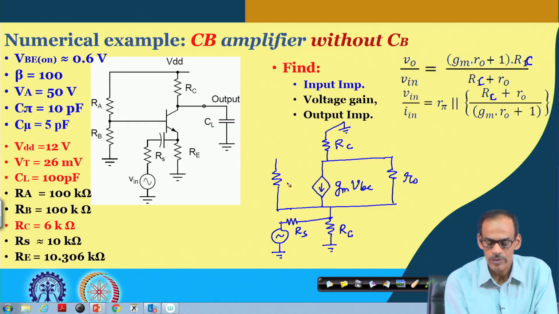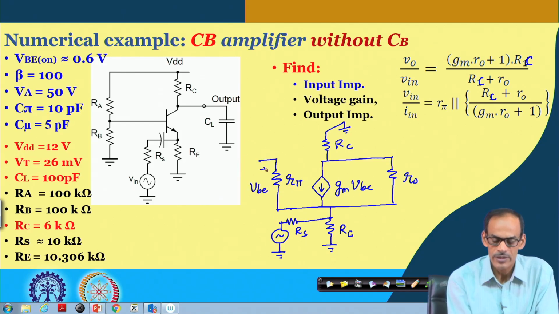In fact, we also discussed that the voltage across this R pi is VBE, with plus here and minus here.